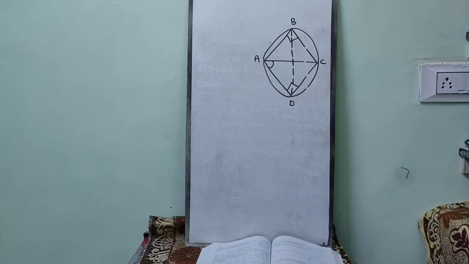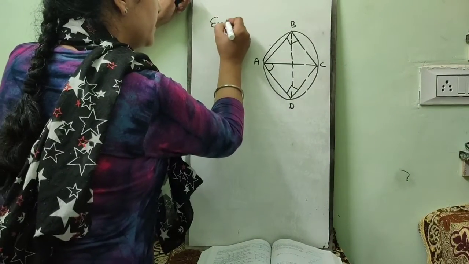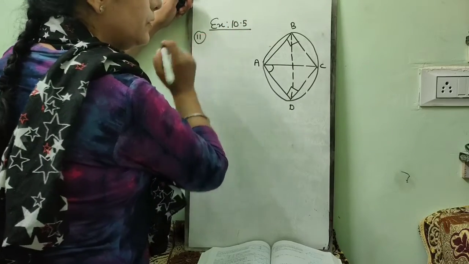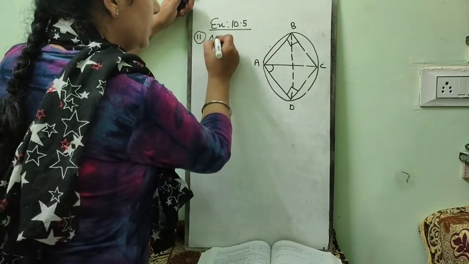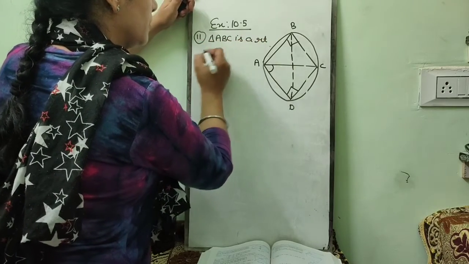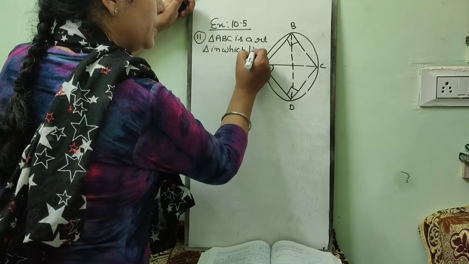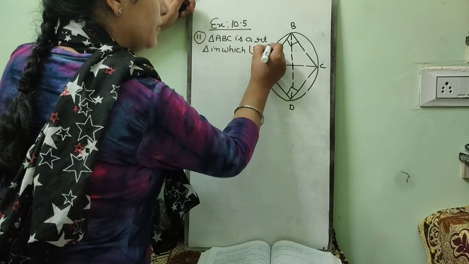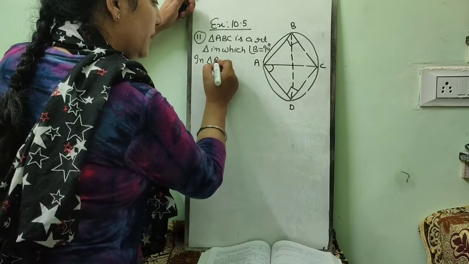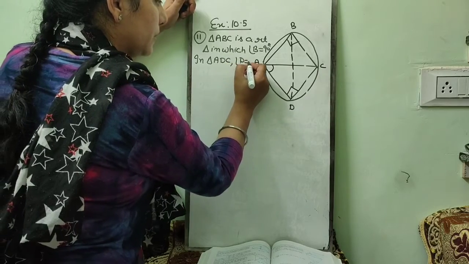Yes students, now I am going to start with sum number 11 of exercise 10.5. Triangle ABC is a right triangle in which angle B is 90 degrees, and in triangle ADC angle D is 90 degrees.